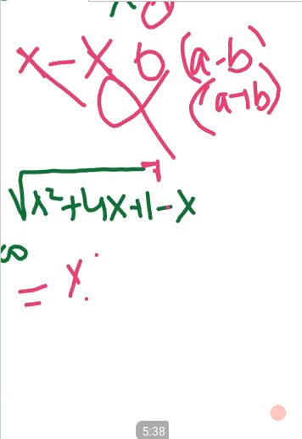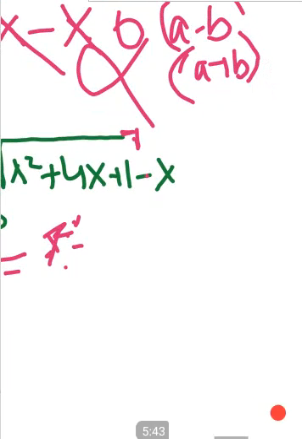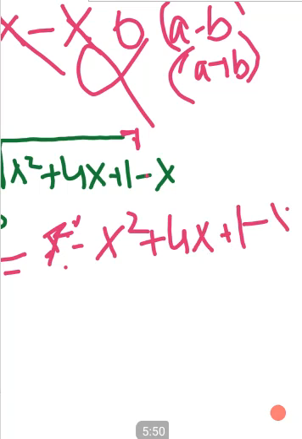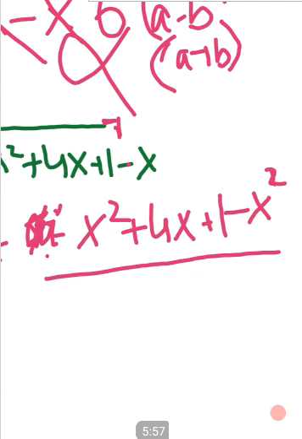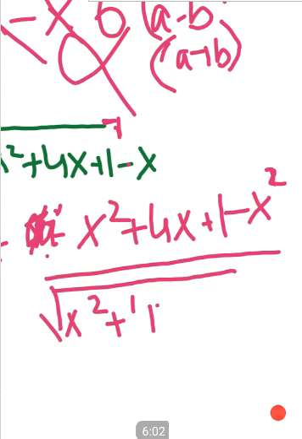So we'll get x square plus 4x plus 1 minus x square again. So that becomes a bit easy for us, over square root x square plus 4x plus 1 plus x.